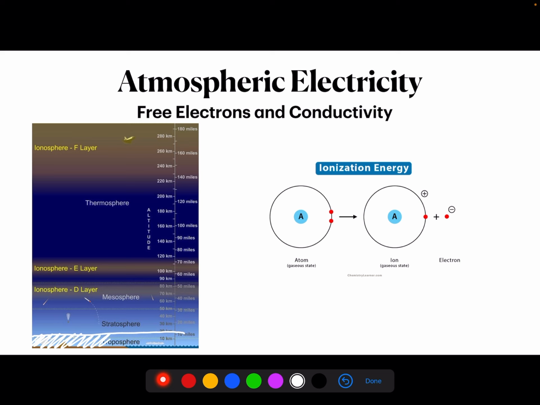Okay, the gas is really dense down here, really dense. Up here in the upper ionosphere, the gas is much more spread out.